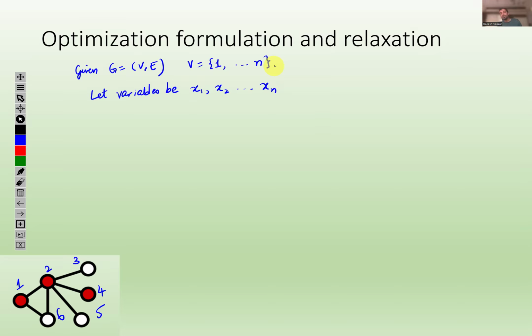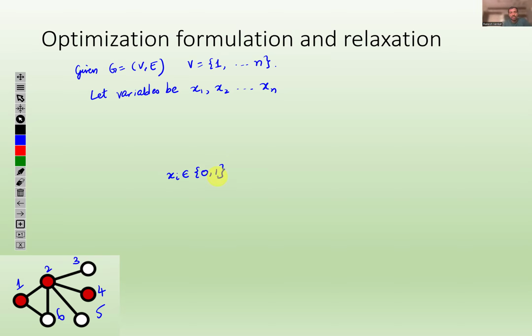Okay. So I'll pick one variable per vertex. Okay. And these variables I will constrain to be either 0 or 1. That is, they will be indicator vectors of sets. Okay. So I'll constrain the domain of these variables. Unlike in the previous case where there was a continuous domain, you want to constrain the domain of each of these variables to be either 0 or 1.